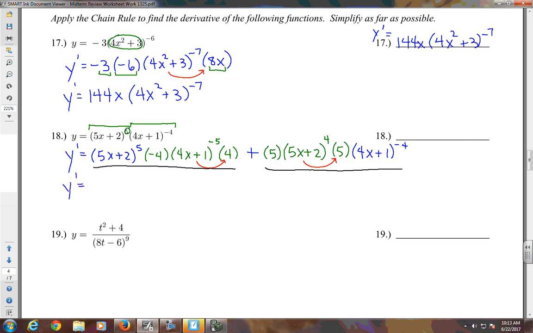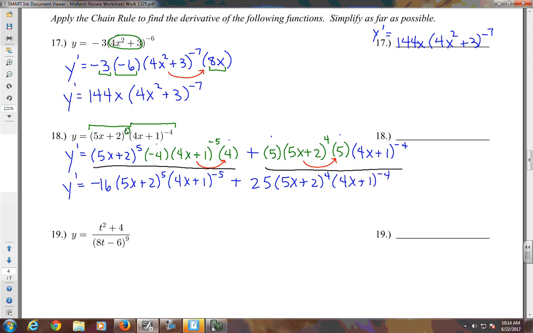So on this term, I'm going to take the negative 4 and the 4 and multiply those together to get negative 16. Then I'm going to have my bigger factors on the right side. Just makes it a little easier to read, so I can kind of tell what I'm dealing with here. For the second term, again, I'm going to take those little monomial factors, 5 times 5, call that a 25, and move it to the left. And then put the bigger, more complicated terms here on the right side.